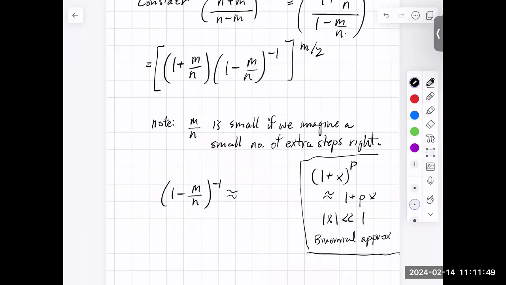So our power is minus 1. So we'd have a minus 1 here.